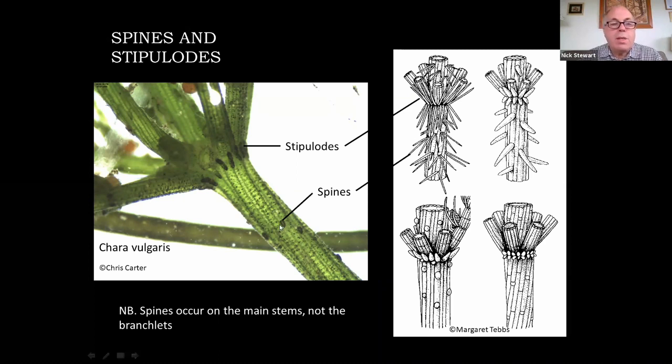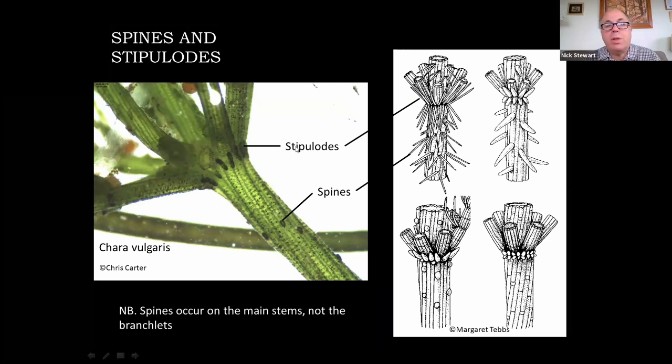The other character, the stipulodes. Just underneath in the armpit, underneath the whorls of branchlets, you usually get 2 cells end to end, one pointing up and one pointing down.